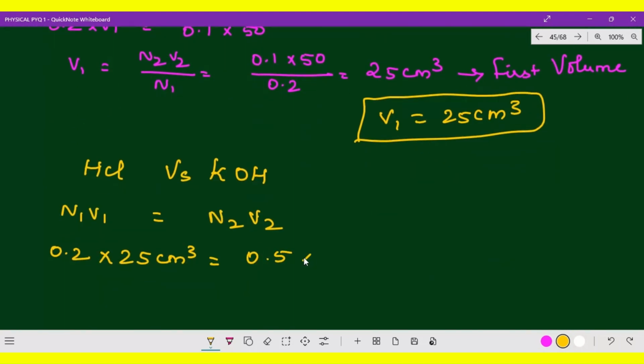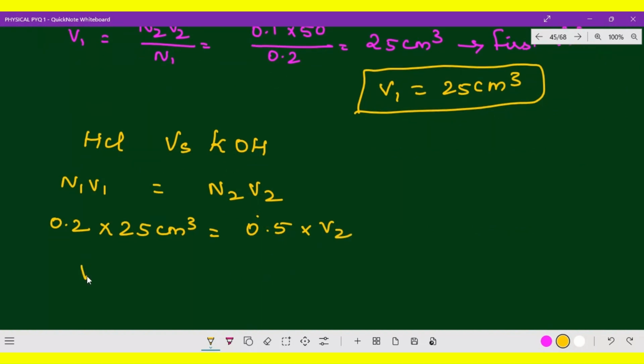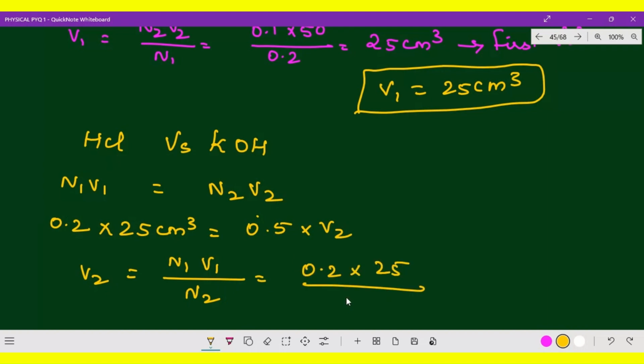So 0.5 into V2, we have to identify because that volume only we require. So V2 equals N1V1 divided by N2, that is 0.2 into 25 divided by 0.5.